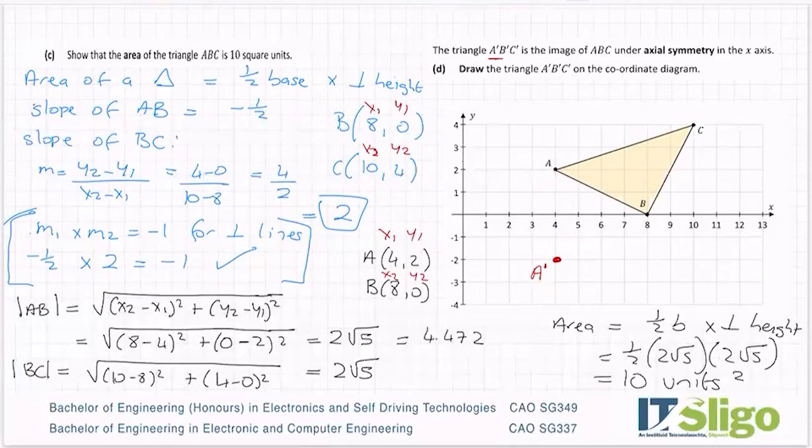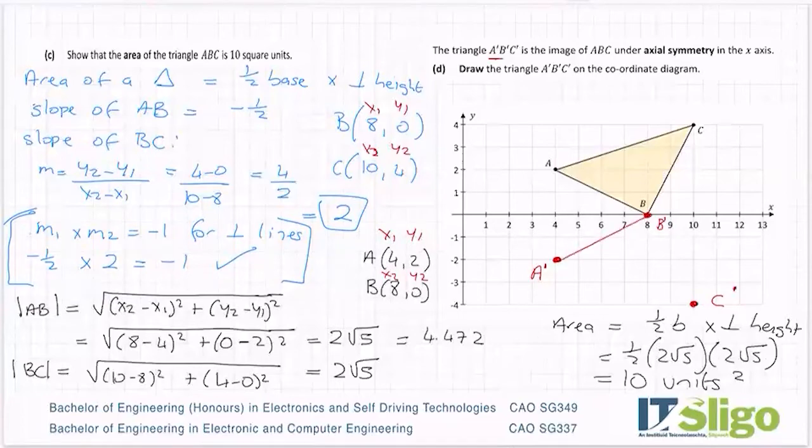Now, in the same way, I would take C, and it's 1, 2, 3, 4 boxes. So C is going to be down here, so C dash. B is no distance from the x-axis, so B dash is also going to be on that point. Then you get your ruler and you join the lines together. Some people can see it straight away, others can't.